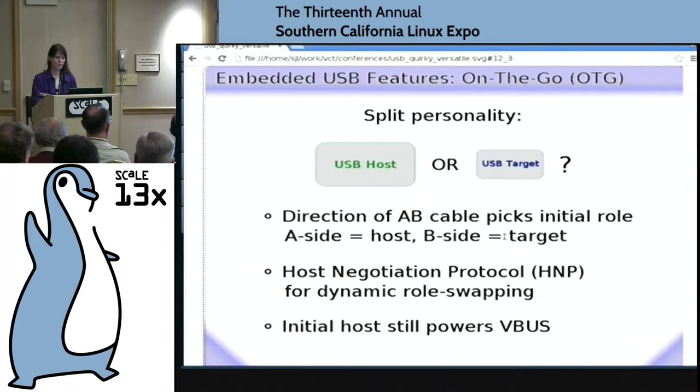Something to remember, if you are doing this OTG stuff between two devices that both talk on-the-go, the cable still matters, because the one that starts out as host is still supposed to be powering the VBus. Now, it may not be giving much power.